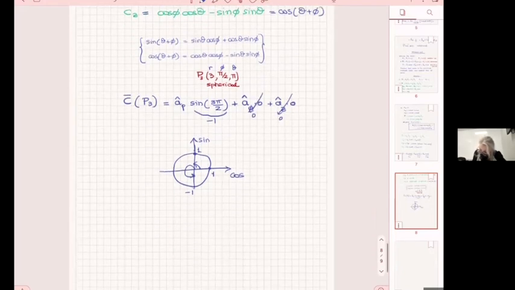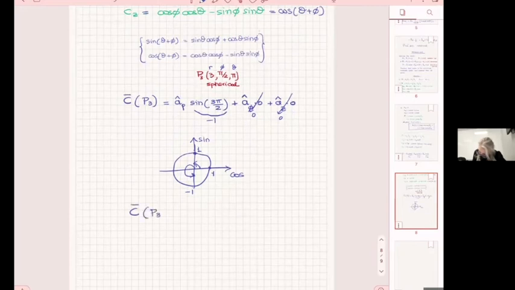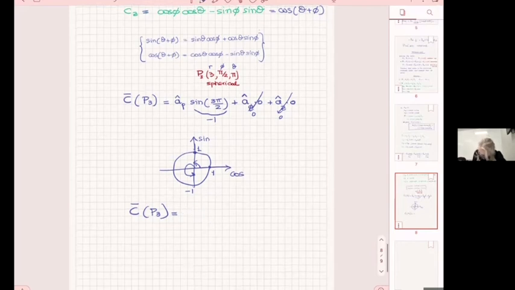So practically, vector C at point P3 is minus 1 times A sub rho, or minus A sub rho. So we don't confuse ourselves, we think it's something else. Minus A sub rho.